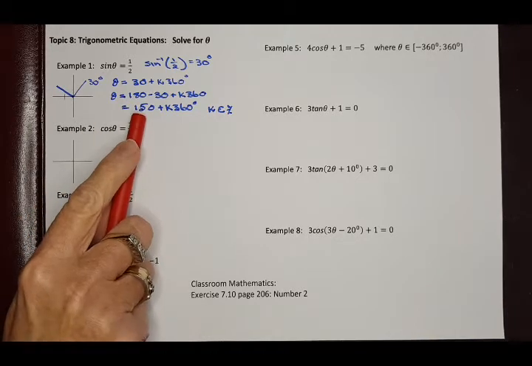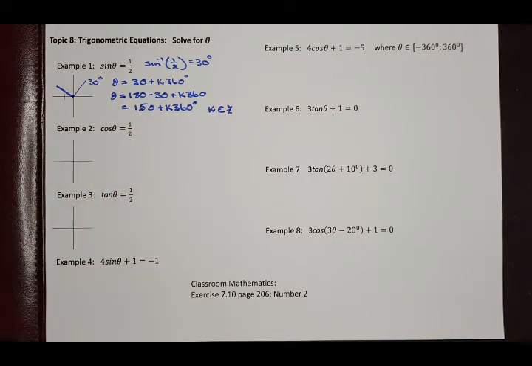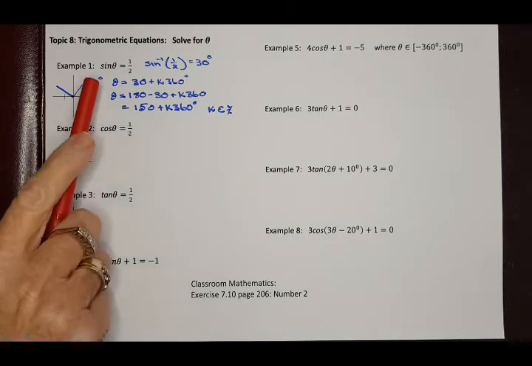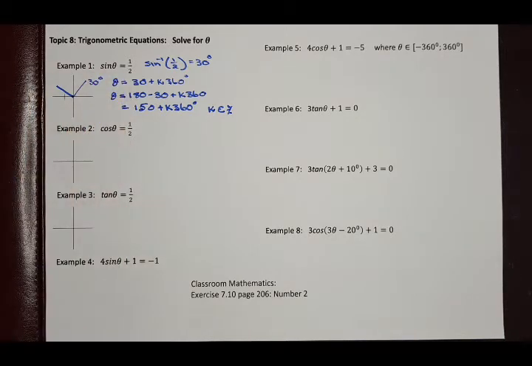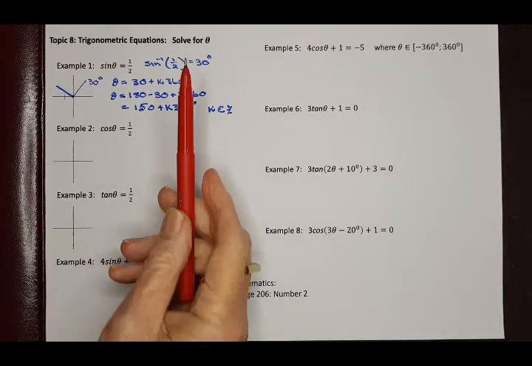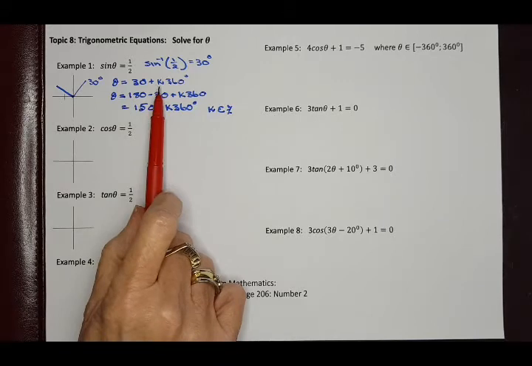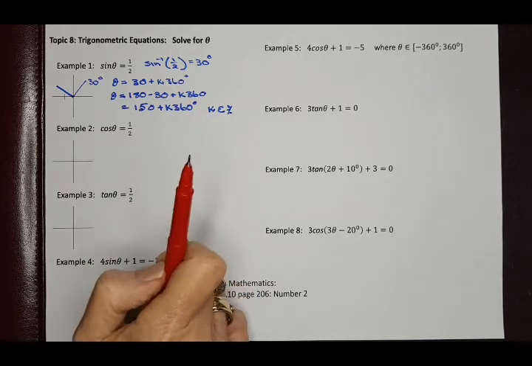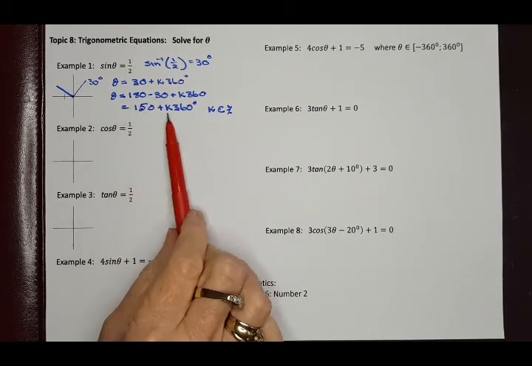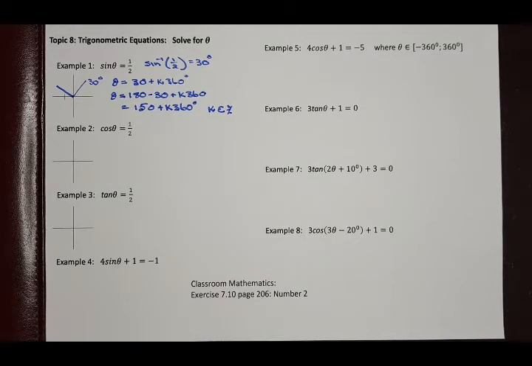Sine of 150 is going to be a half, and so on. So this equation, sine theta equals a half, arc sine of a half is 30, but the solution to that equation is an infinite number of possibilities. 30 plus any integer multiple of 360, or 150 plus any integer multiple of 360.